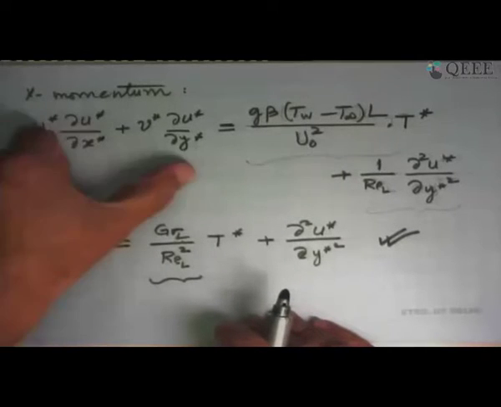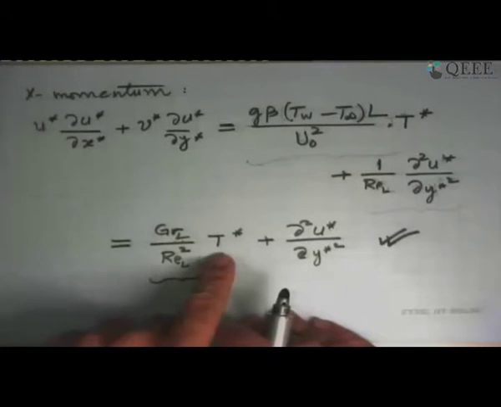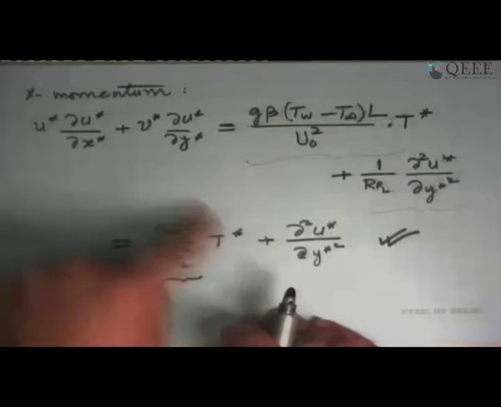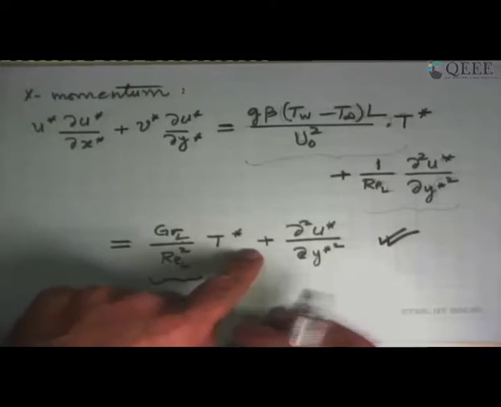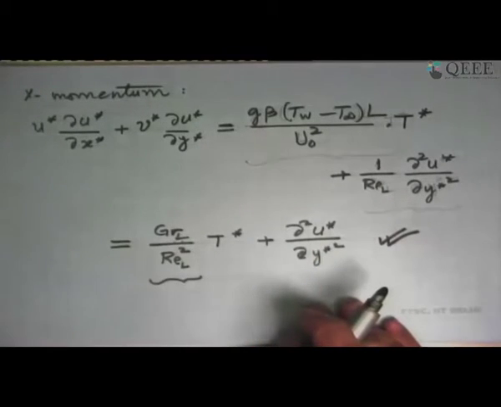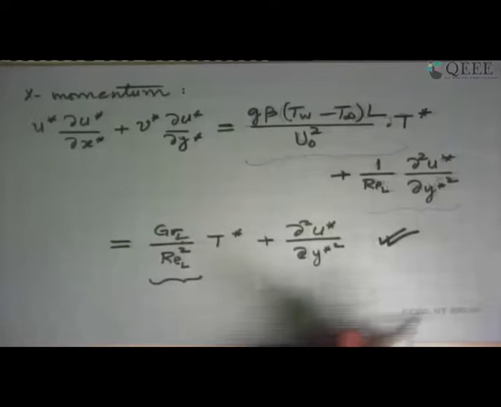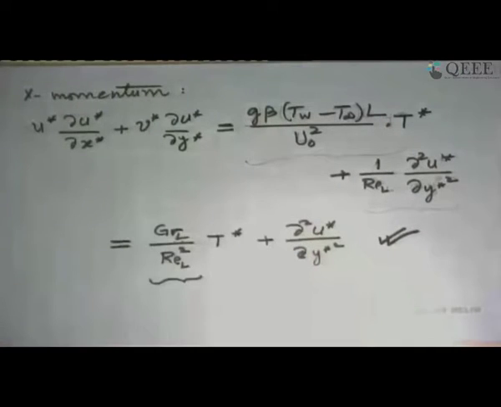Okay, so the left side are the same convective terms. The temperature term has come into the momentum equation, but this extra term is sitting there, GrL upon ReL square, plus del square u star upon del y star square. So the question is, how did we convert this into this?